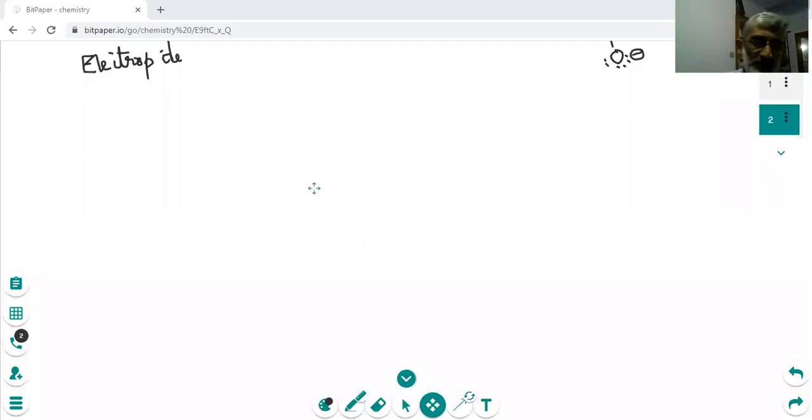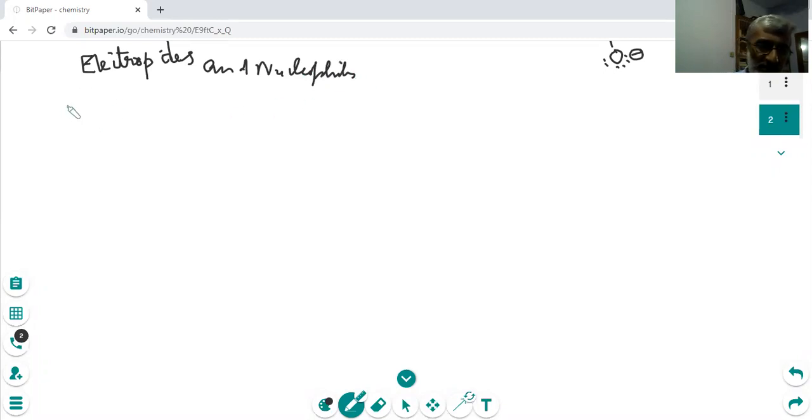Right. Now we will talk about electrophiles and nucleophiles. Electrophiles and nucleophiles are reagents, intermediates in chemical reactions.